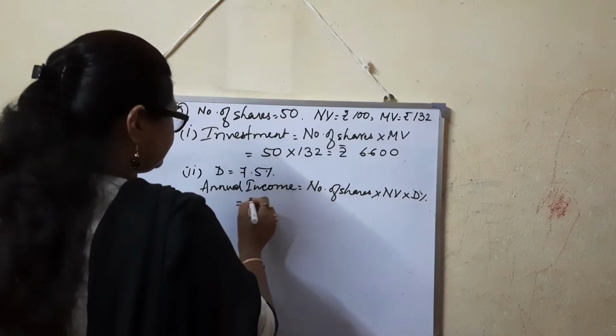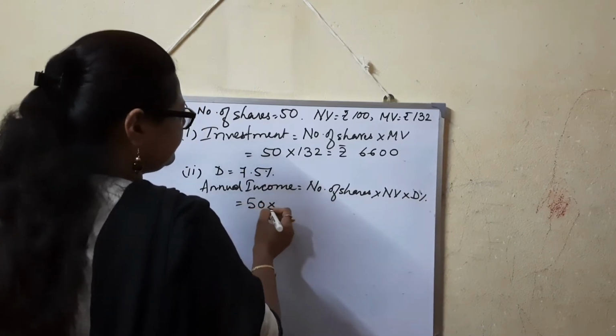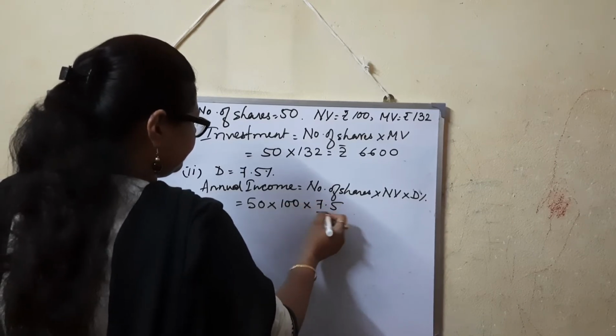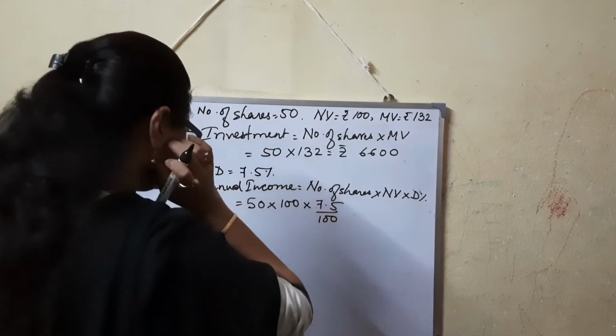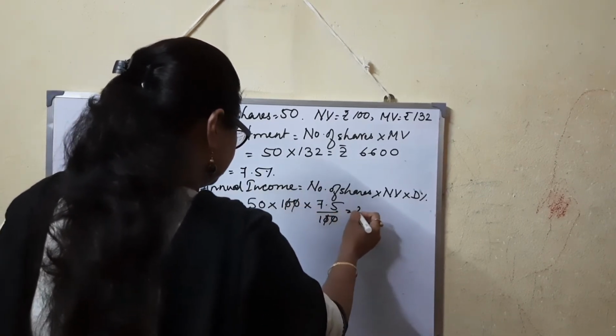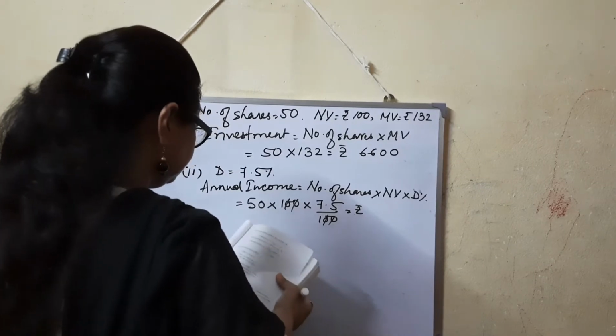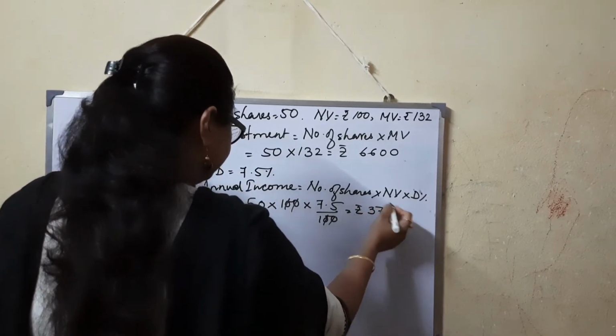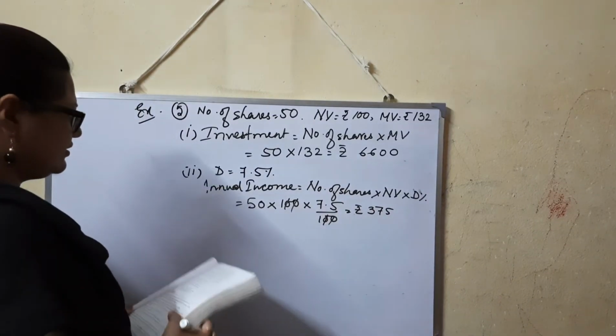How many shares? 50. Nominal value of each share 100. Dividend percent is 7.5 by 100. So how much do we get? Equal to rupees 375. Alright.